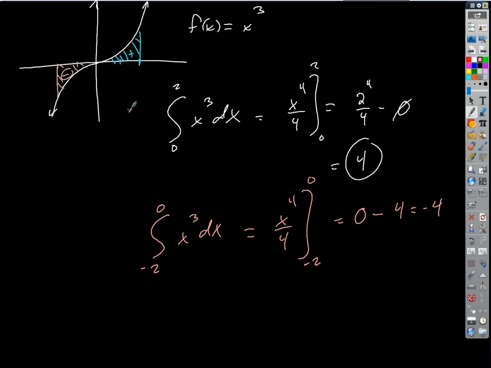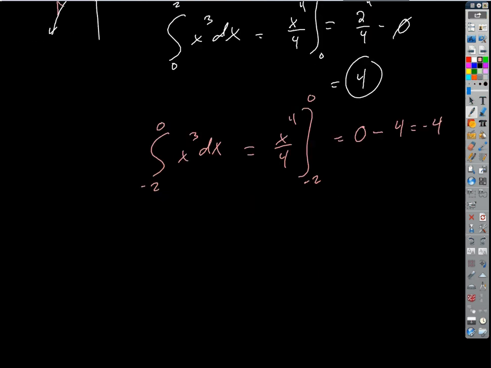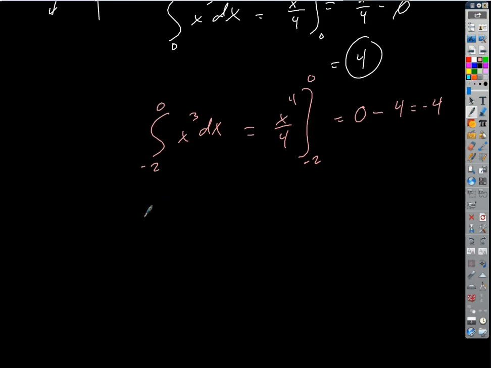So if we combine these two, what do you think we're going to get if we take the integral of x cubed dx from -2 to 2? 0. It's going to be 0. It is going to be 0, right? And look at what we get. We get x to the 4th over 4 evaluated from -2 to 2.